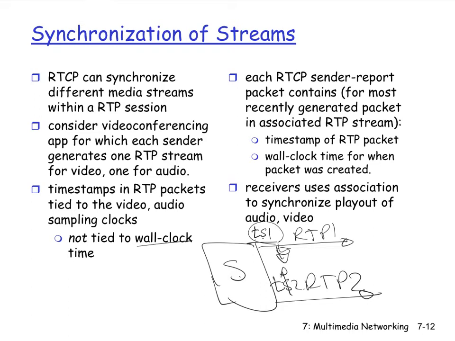Is that clear? Understood? So yes, the wall clock is an absolute time. The timestamp in RTP is not an absolute time. It's a relative time, relative to the clock that's used by that stream. But then RTCP says, pay attention to the fact that this reference time is based on this time.